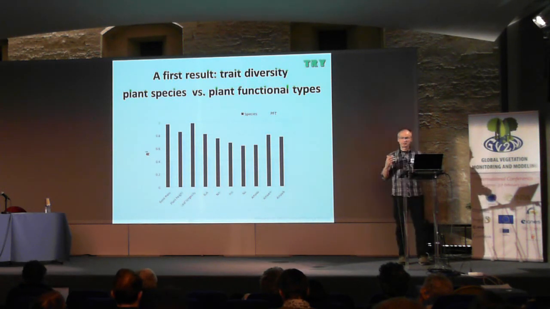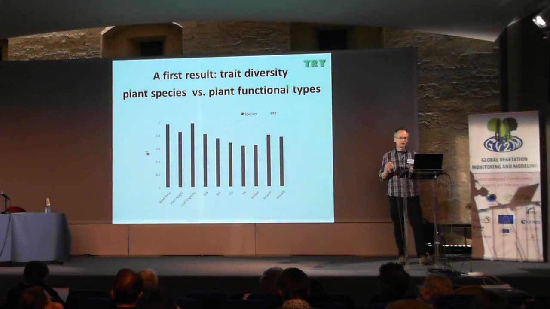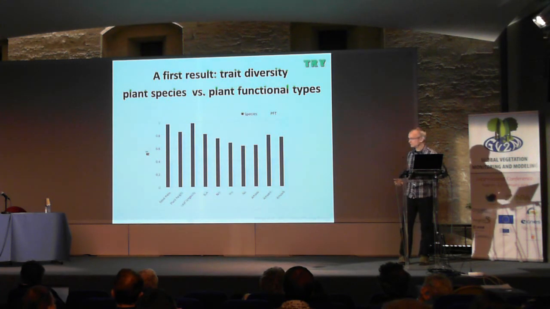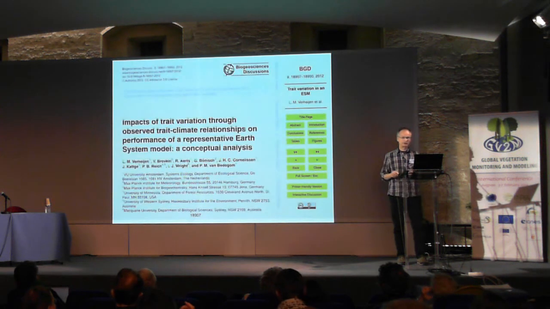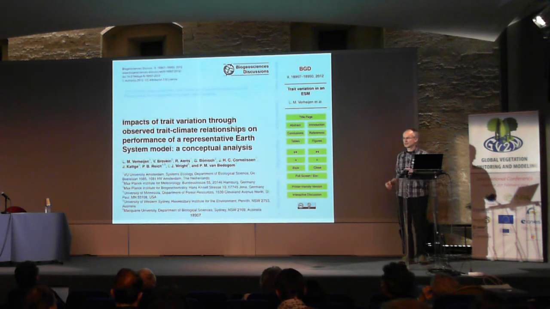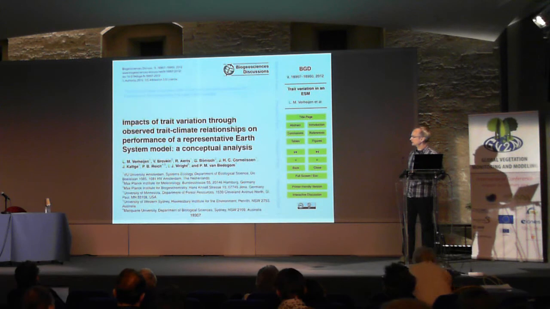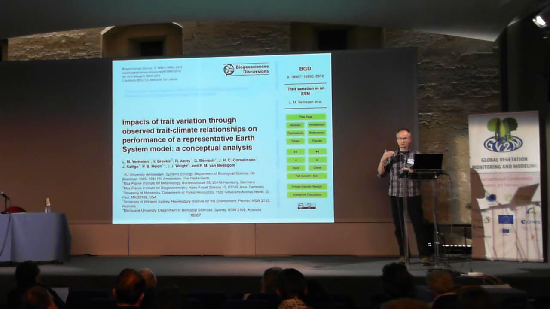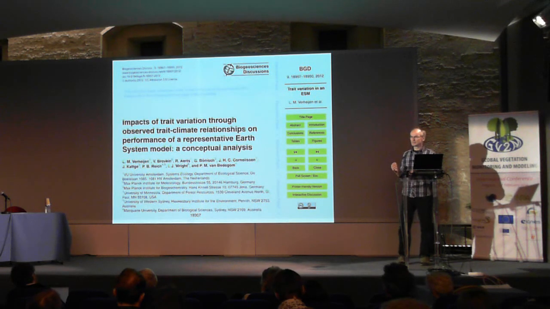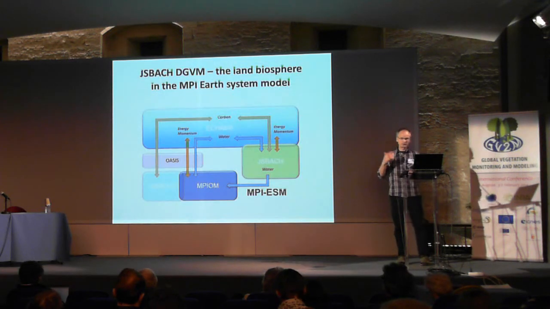That was a wake-up call to the vegetation modeling community: they had these plant functional types, but much of the important variation is within plant functional types. This motivated a first case study, a conceptual analysis, to implement some of this variation we see within plant functional types by climate relationships.